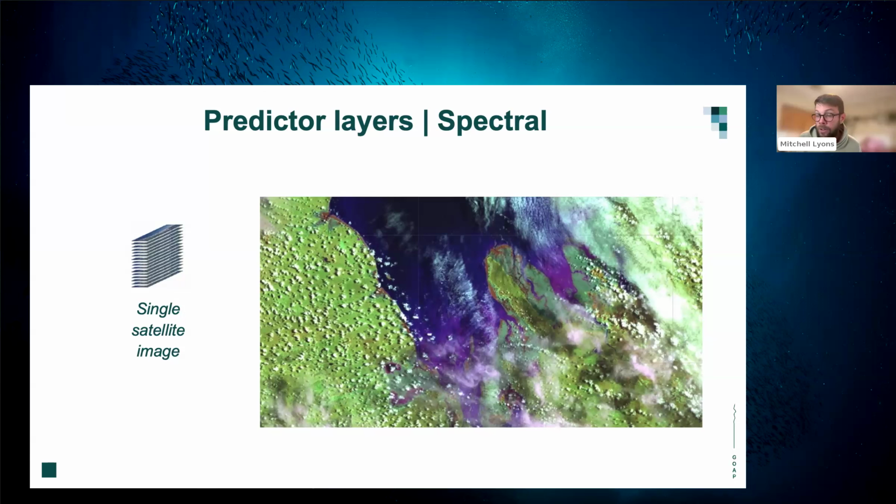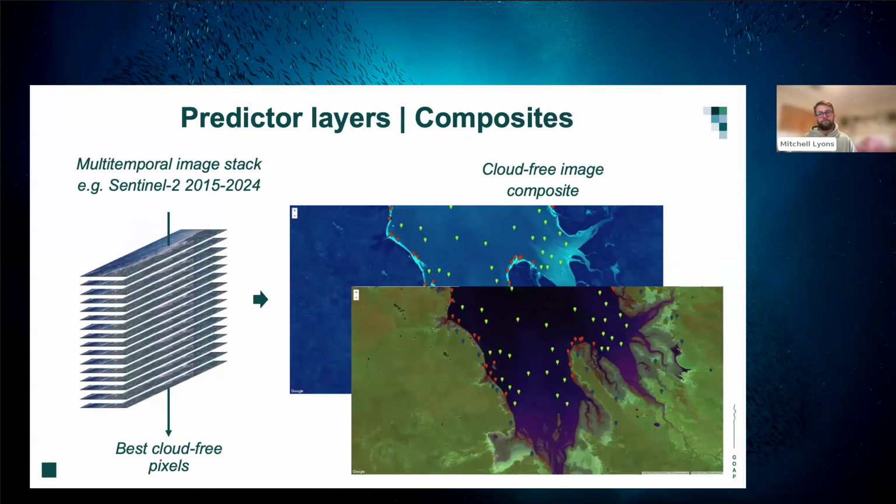In a lot of the world, and particularly in tropical parts of the world, you have a lot of cloud cover for a lot of the year. And so one of the things that has really almost become the standard now in the way that we implement at least large scale mapping processes is to combine lots of imagery together and then do some kind of selection process across pixels.